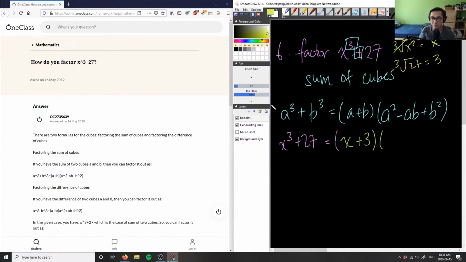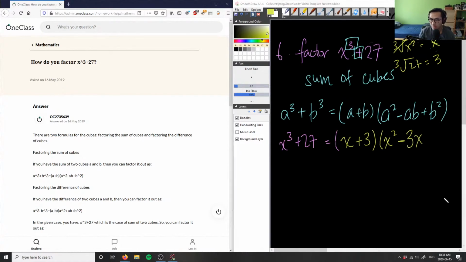Times a squared. Now a here is the first term, x, so a squared is simply x squared. So this is x squared minus ab. So what's ab here? I know a and b are x and 3, because we wrote x and 3 here. So a times b is 3x.